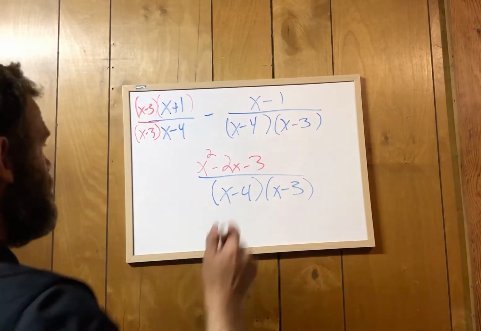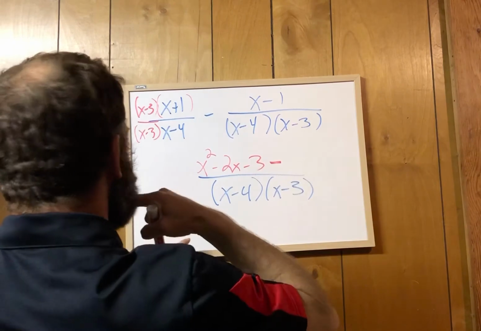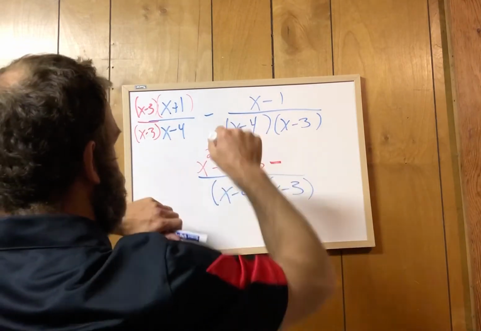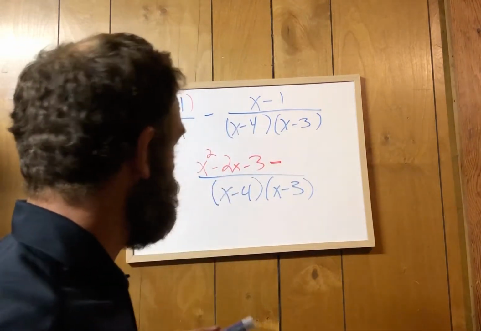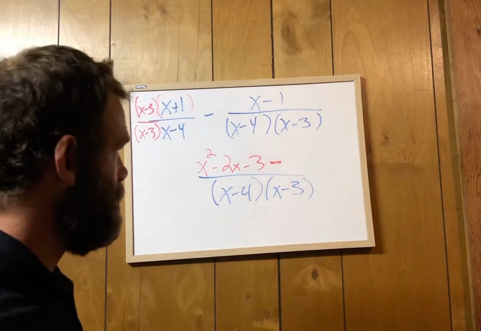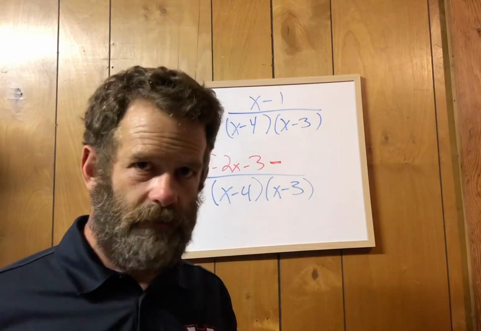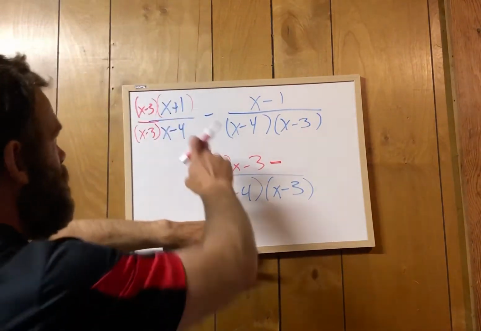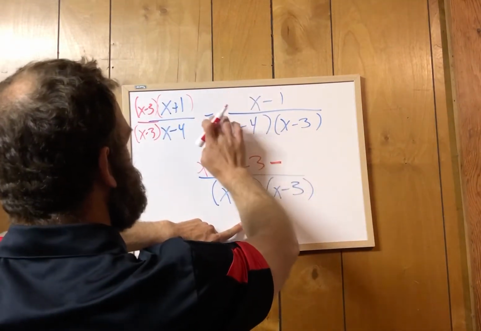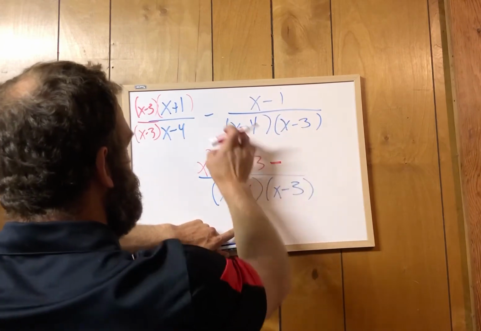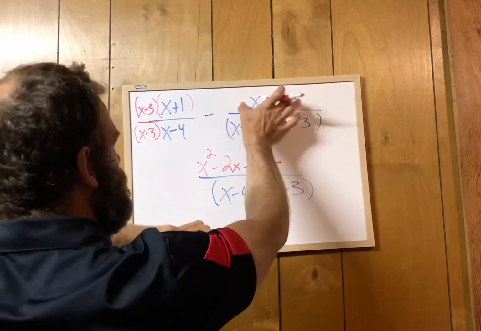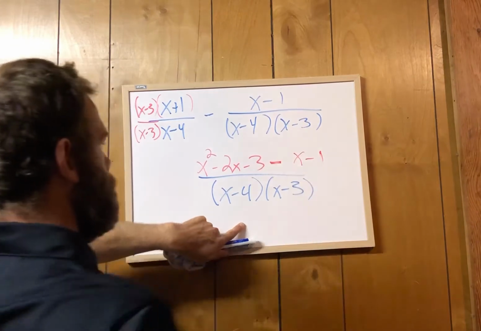All right, minus. Now this is the tricky part. This is where it gets confusing to a lot of people. Hopefully it won't get confusing for you guys because you're in a STEM class, but this is where people mess up. See this minus sign? Most people would say, well, I didn't do anything from here to here, so I'm going to leave that minus sign and my numerator stays the same.